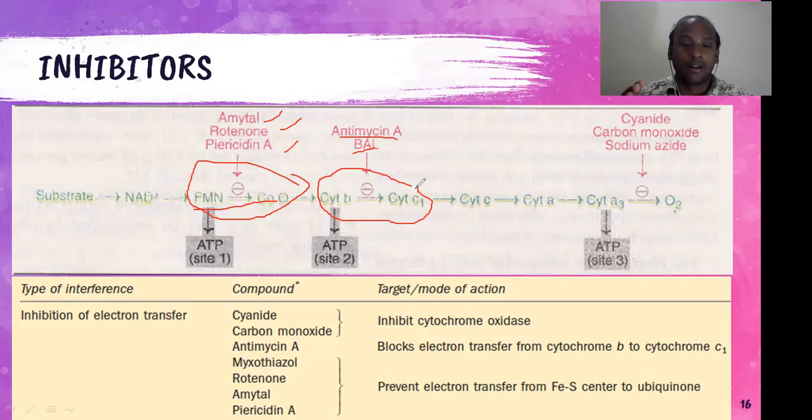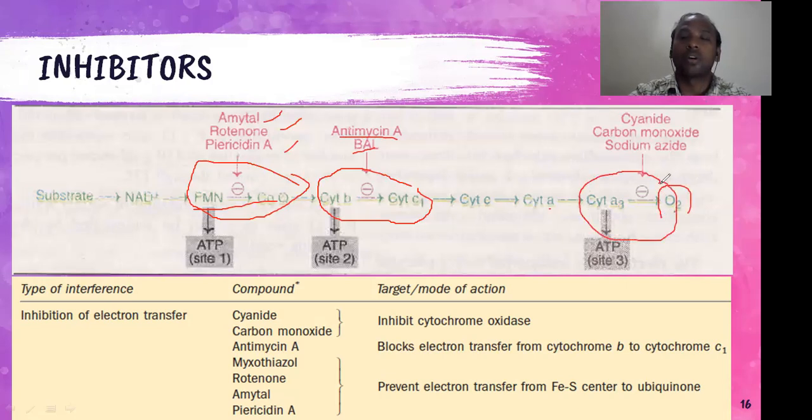BAL we also call British anti-lewisite, and this is important for the blocking of complex 3. And cytochrome C can further transfer electrons to A3, and finally to oxygen. So here this is complex 4.